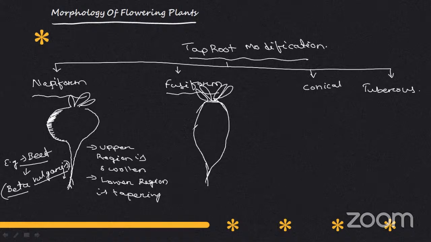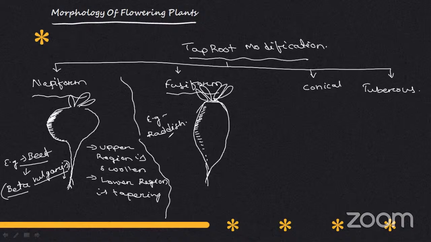This is in case of your radish. And what is the biological name of the radish? Anytime we have to remember the biological name also. That is Raphanus sativus, the biological name of your radish.